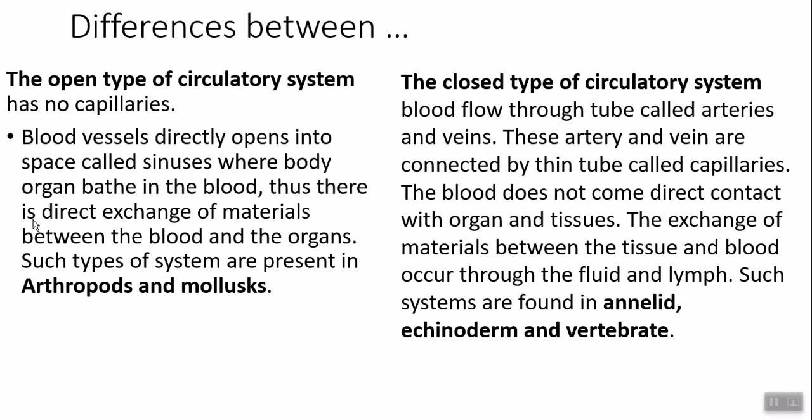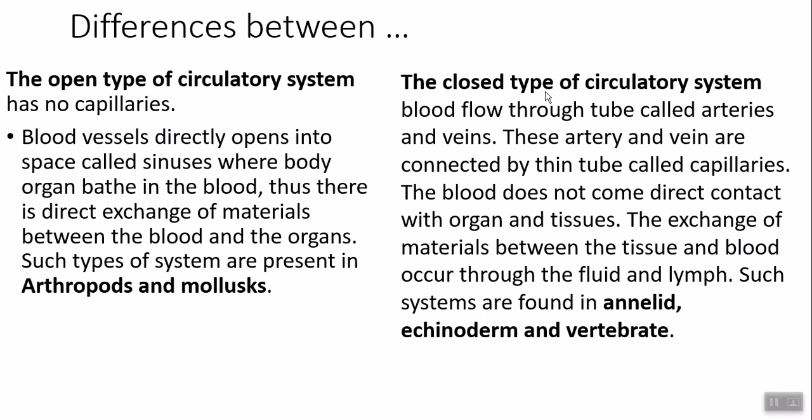Thus direct exchange of materials takes place between the blood and the organs. This open type of circulatory system is seen in mollusks and arthropods. What you have to understand is that blood vessels pour the blood into the tissue, so the tissue bathes in the blood.